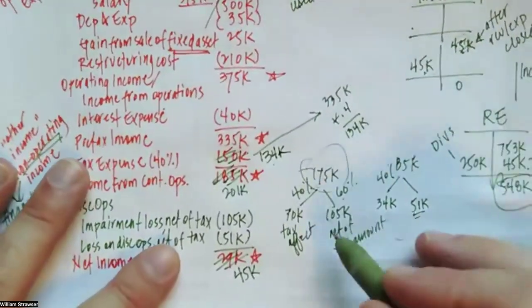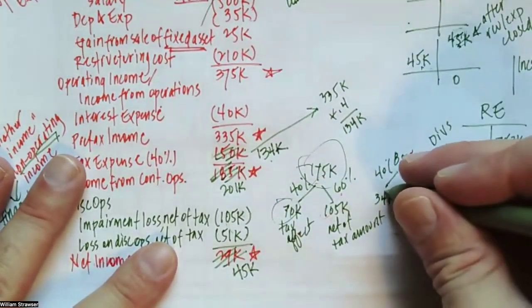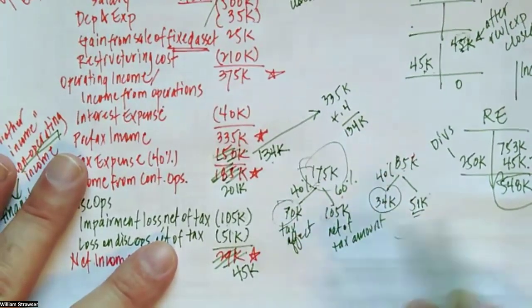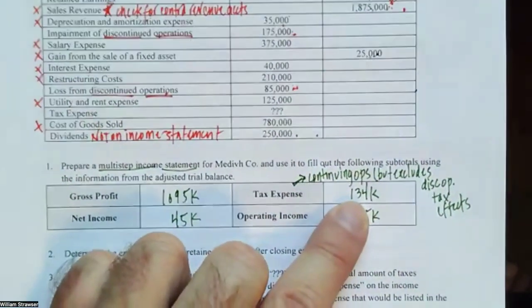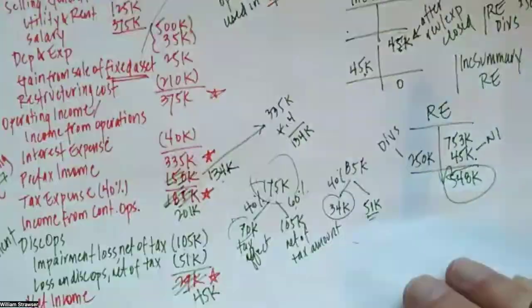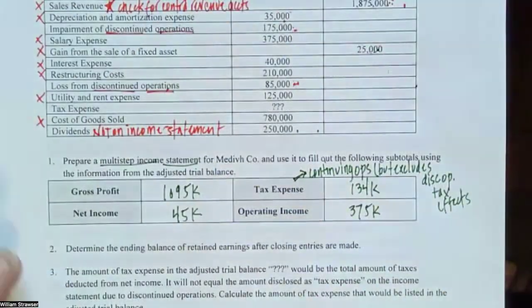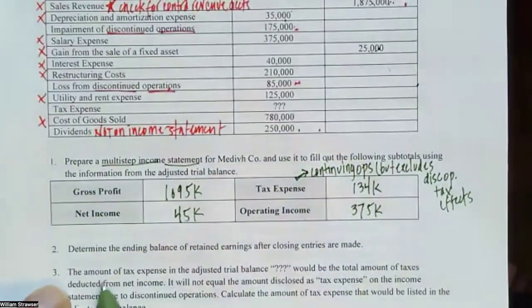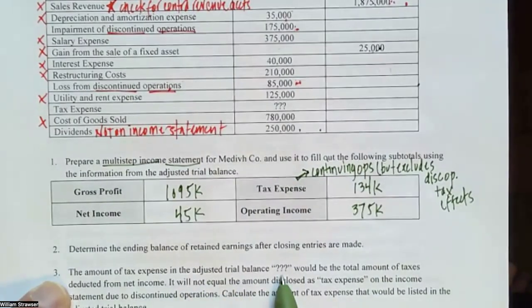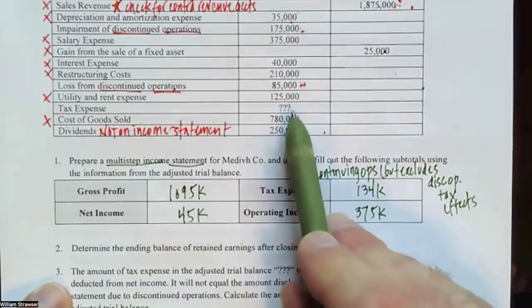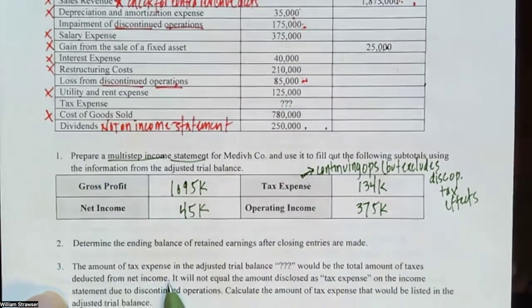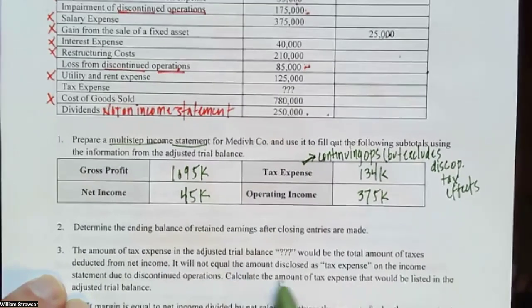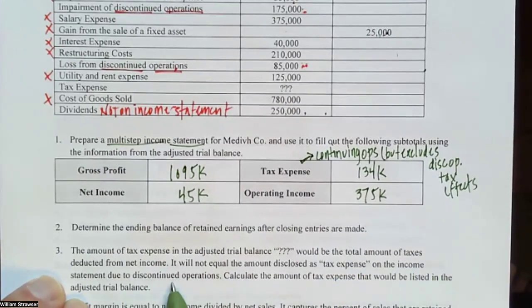So these tax effects are not in my $134,000 tax expense. So the way the question is, the amount of tax expense in the unadjusted trial balance, the question marks up here, would be the total amount of taxes deducted from net income. It will not equal the amount disclosed as tax expense on the income statement because of the disc ops.